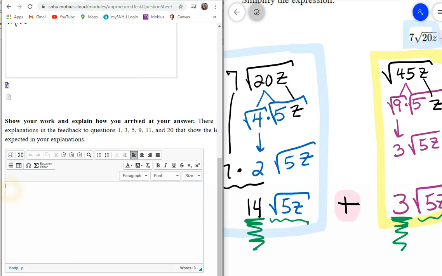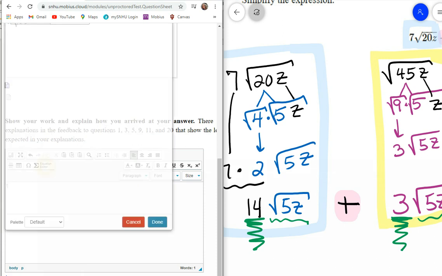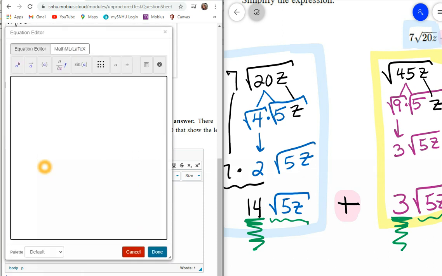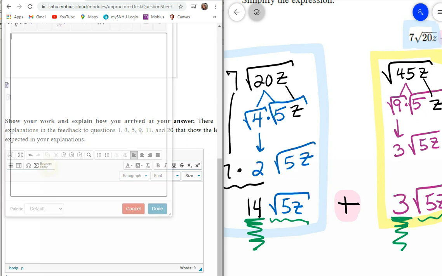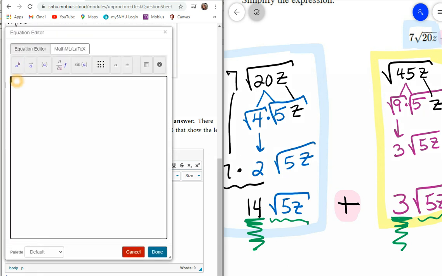Okay, I'm back. I wanted to get a split screen here. Go to equation editor, and this is where I type in all my work.